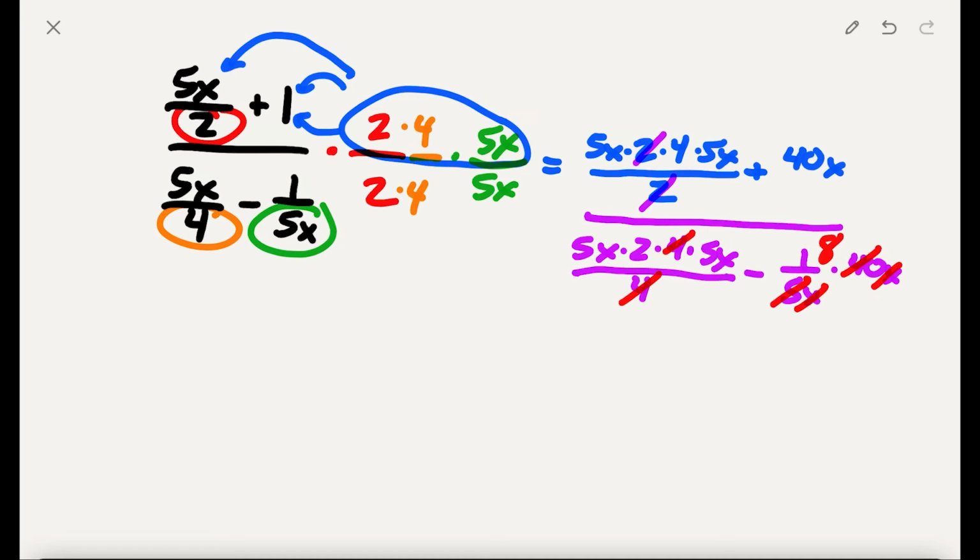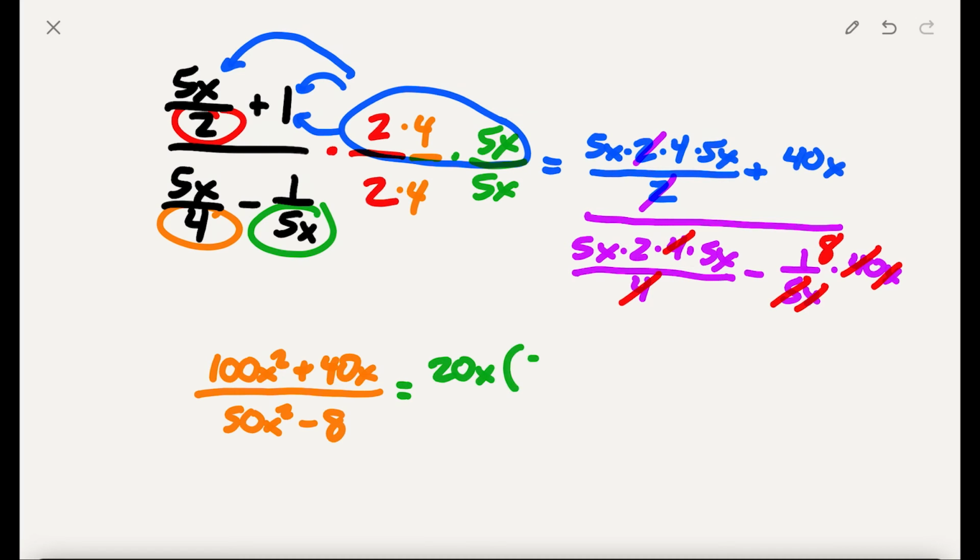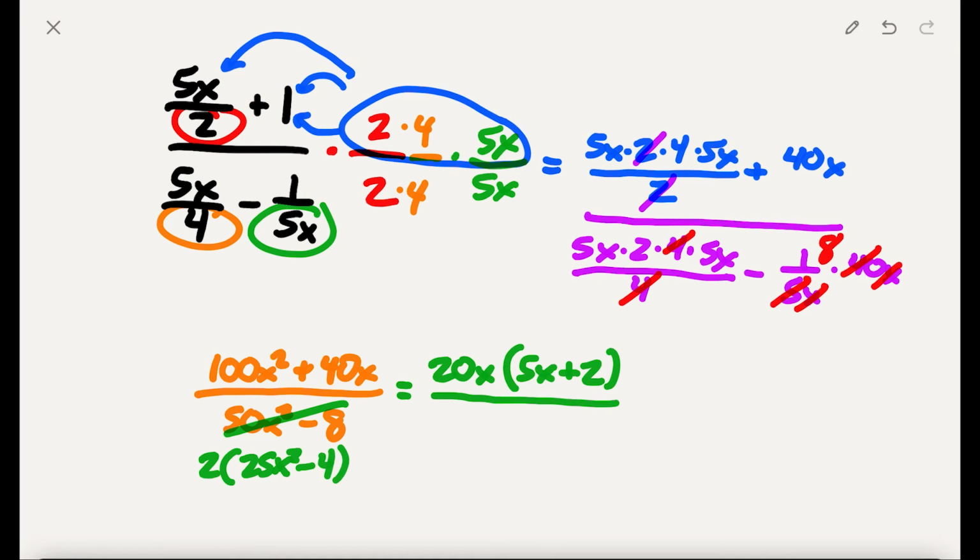So now the numerator is going to be 100x squared plus 40x all over 50x squared minus 8. All right, so the next step here is to factor out everything that we can. So we're going to factor out a 20x here, and you're going to be left with 5x plus 2. And then this is all going to be divided by, for this one I can actually factor out a 2, and you get 25x squared minus 4.